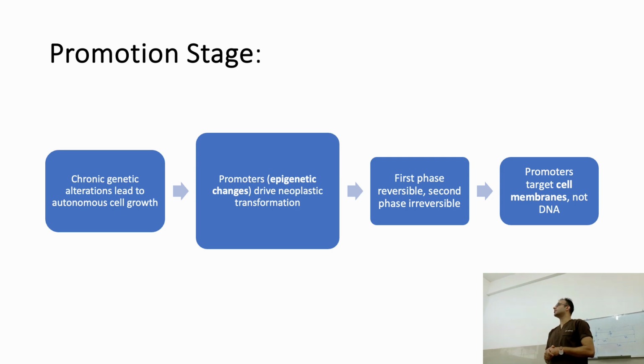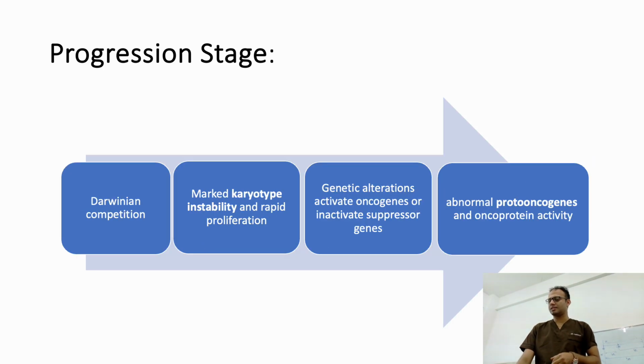If there is chronic initiation or chronic genetic alteration, the epigenetic changes or promoters will transform the cell into the reversible phase, and if it still cannot be repaired, into the irreversible phase, which is towards the last stage, that is the progression stage.